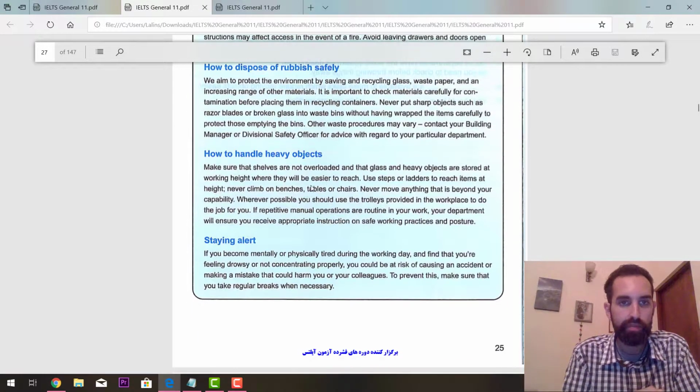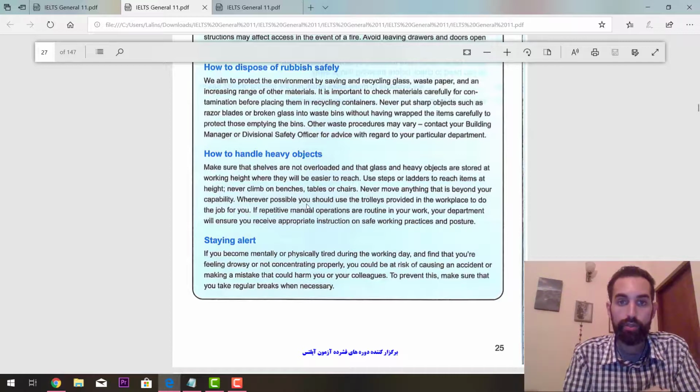Make sure that shelves are not overloaded and that glass and heavy objects are stored at working height where they will be easier to reach. Use steps or ladders to reach items at height. Never climb on benches, tables, or chairs. Never move anything that is beyond your capability.